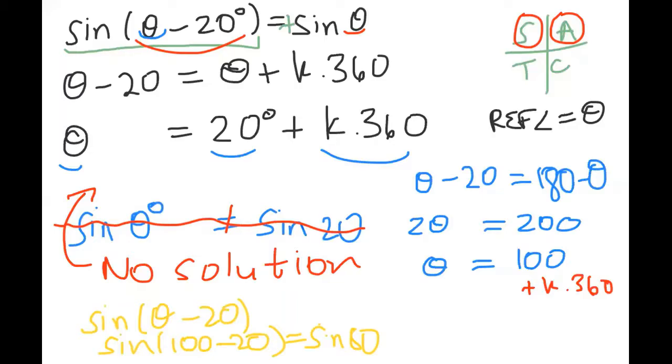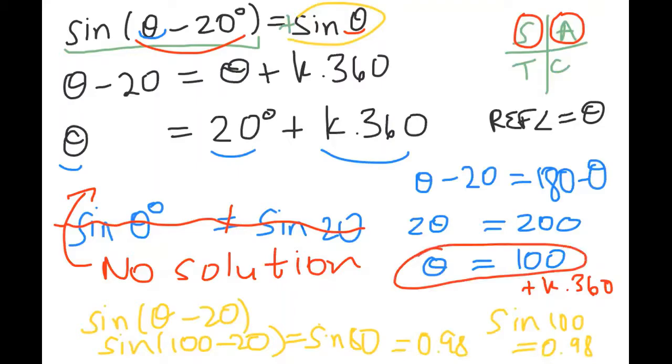That's also 0.98. Then I just took this sine of theta here, said sine of 100, and that's also equal to 0.98. So you can test both on your calculator. Sine of 80 is 0.98, and also sine of 100 is 0.98. That's why we know for sure that this theta equals 100 is correct.